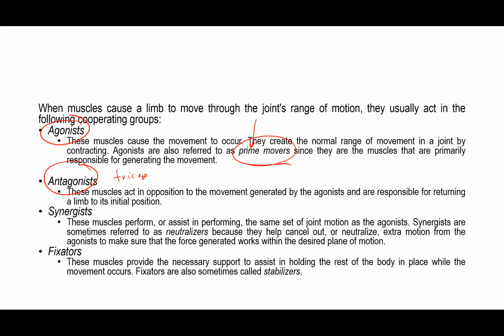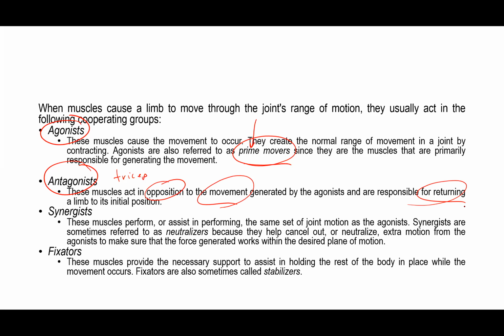So it's typically the opposite corresponding muscle that is going to be the antagonist. The muscle that is acting in opposition to that prime movement, and it is the muscle responsible for returning the limb back to its initial position. So if you're doing a bicep curl, the opposite muscle is the tricep. So that would be the antagonistic muscle.